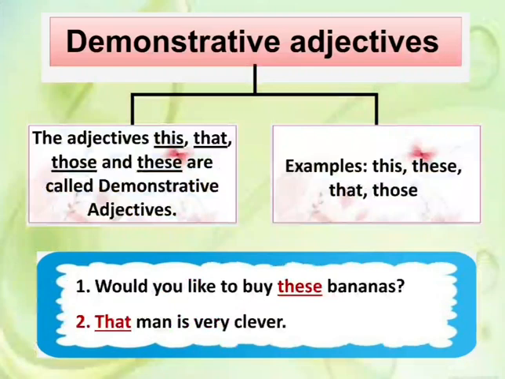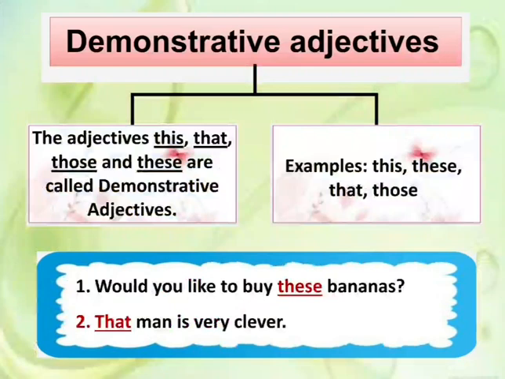Next is demonstrative adjective. So the adjectives this, that, those and these are called demonstrative adjectives. Basically, these point out which persons or things we are talking about. If you recall, we just learned about this, that, those, these in pronouns also.